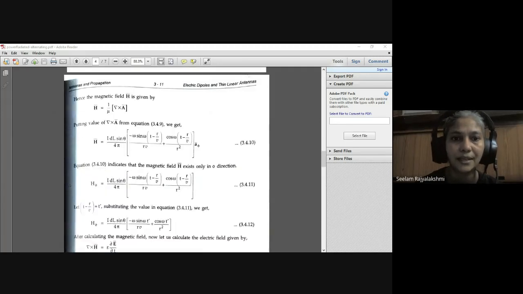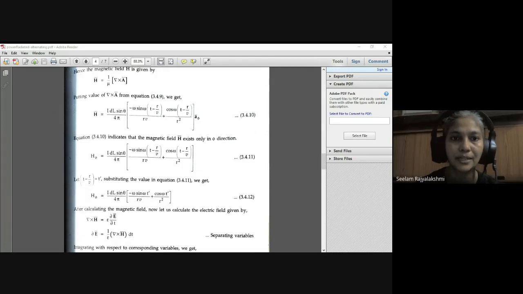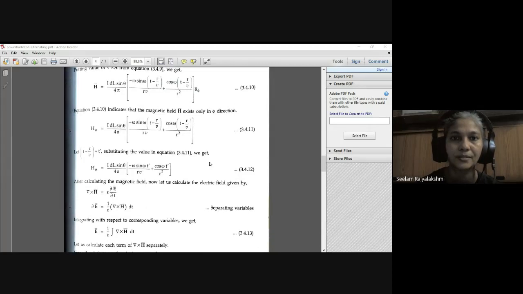Equation 10 indicates the magnetic field H exists only in the phi direction. If you observe here, this is a phi, in the phi direction. So H phi is equal to I dl sin theta by 4 pi [minus omega sin(omega t minus r by v) by r v plus cos(omega t minus r by v) by r square]. We have taken this quotient because H exists only in the phi direction.